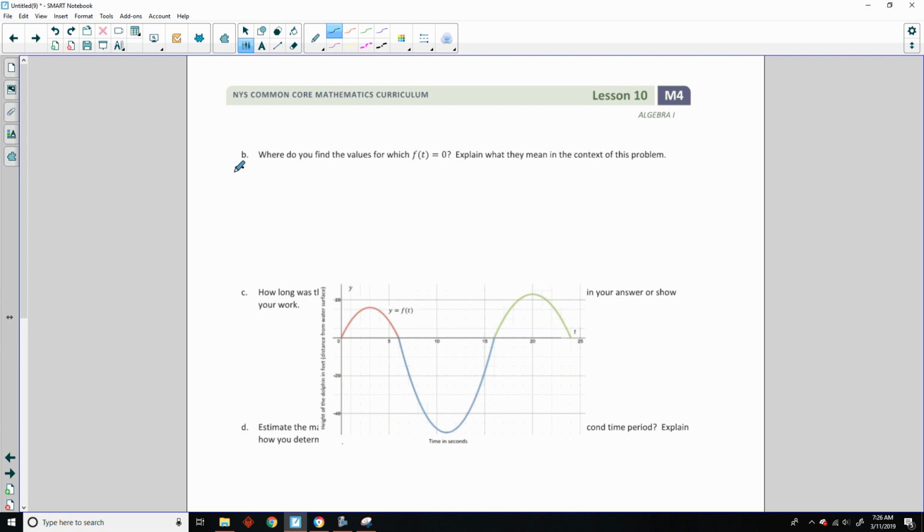So that's f of 0 equals 0 right here. f of 6 equals 0. And then right here, that was f of 6 right here. This is f of 16, and that equals 0. And then right here, f of 24 equals 0.